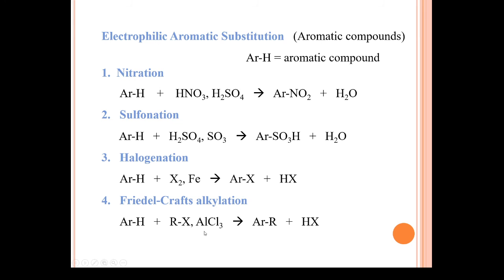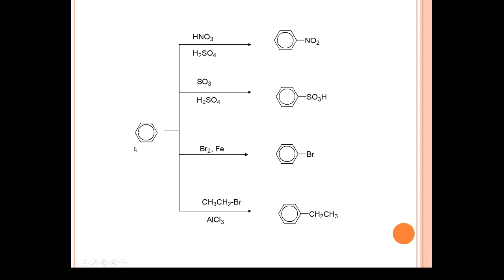So AR-H stands for our aromatic compound, specifically our benzene ring. And here is how we're going to get there. Some important things we want to look at: nitration, sulfonation, halogenation, Friedel-Crafts alkylation. We'll also look at Friedel-Crafts acylation and see why acylation is better than alkylation.